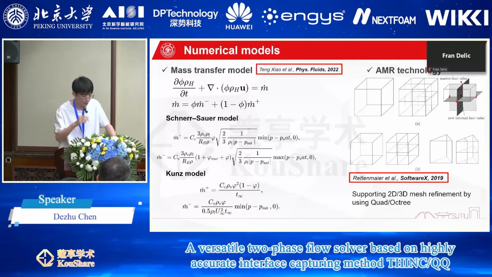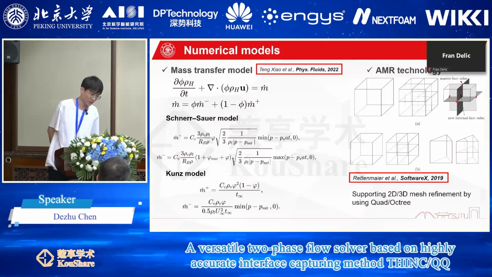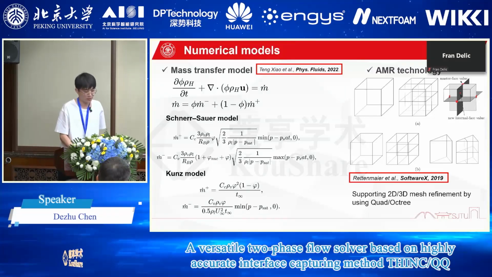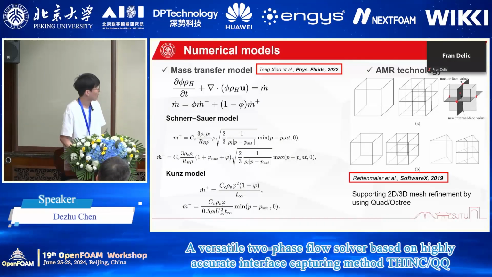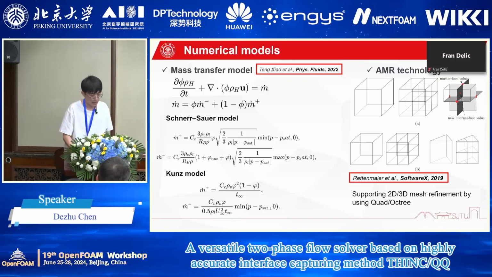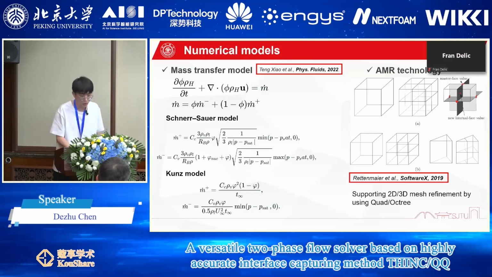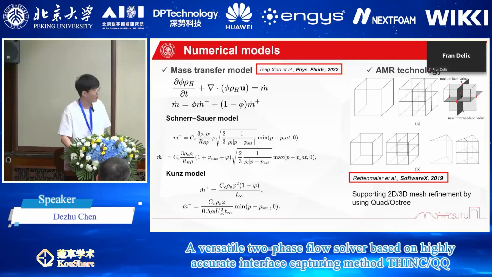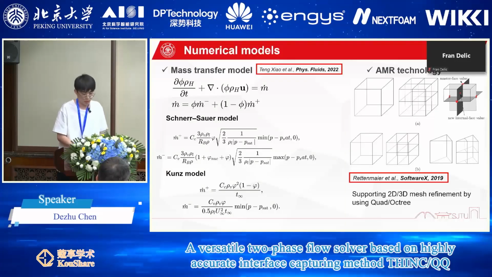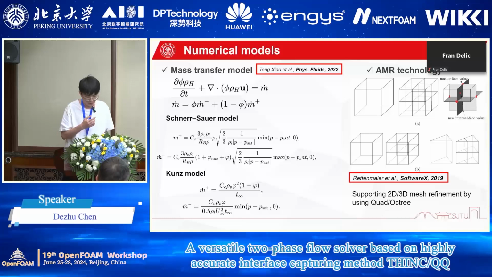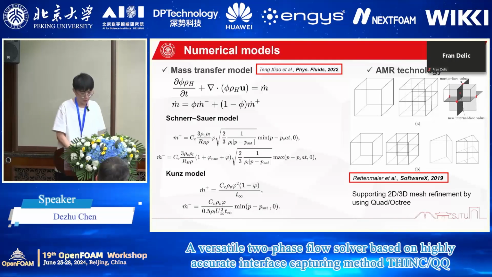And with phase change involved, we need to add a mass source term on the right of VOF equation, where m dot minus and m dot plus are expressed as different models. And also considering the AMR technology, we borrowed from the work of Rettenmaier. They developed this library to support 2D or 3D mesh refinement by using quadtree or octree.